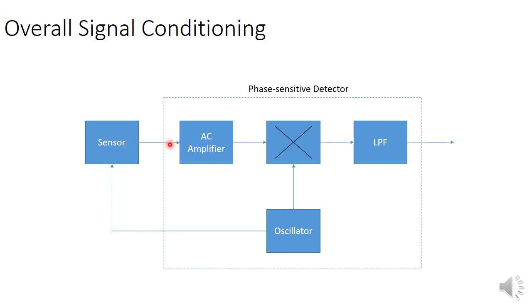That's going to give an output, which, if you want, you can amplify. And then you multiply this output with the same signal that you were giving as an input to your sensor, and pass it through a low pass filter. At the output you get a signal which has the same shape as the physical quantity that you're trying to measure.